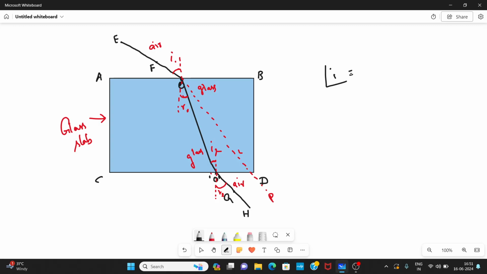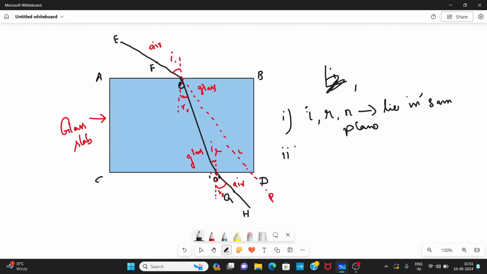The incident ray, the refracted ray, and the normal all lie in the same plane. So this is the first observation.